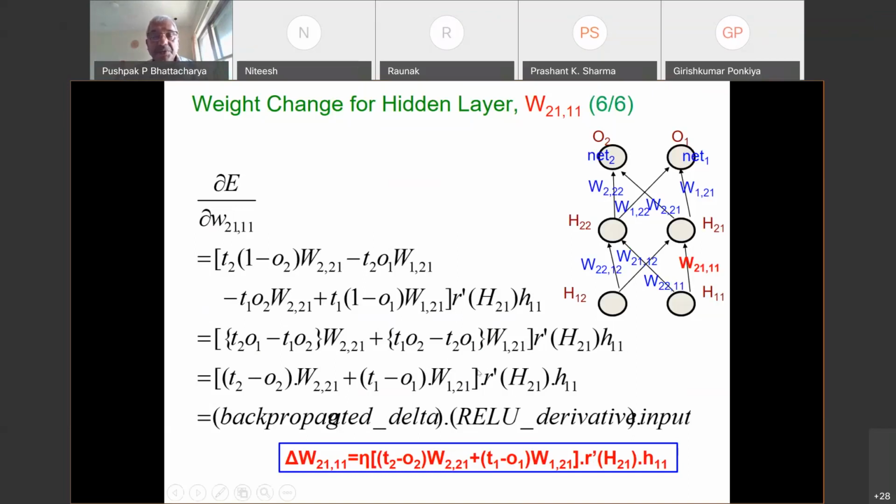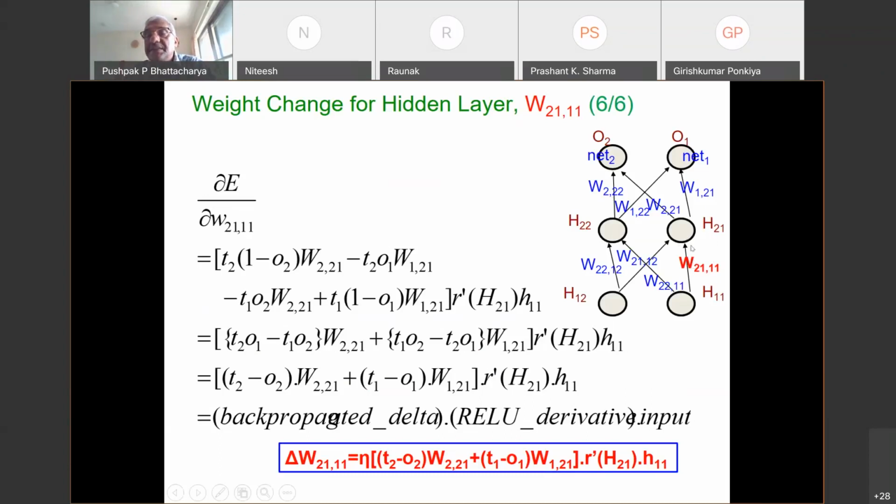I think I'll close here just by repeating the fact that we did nothing more sophisticated than making use of partial derivatives very cleverly. Whenever we are interested in a quantity, we find out the variables in the network which are influenced by this parameter.